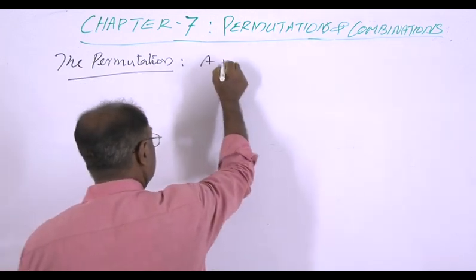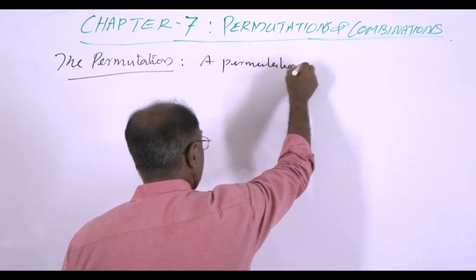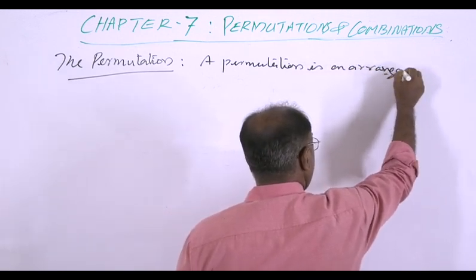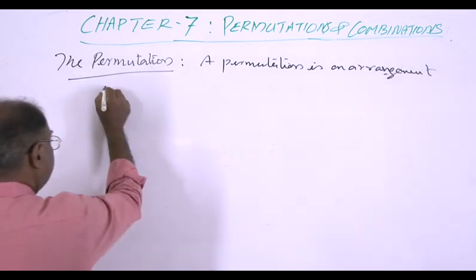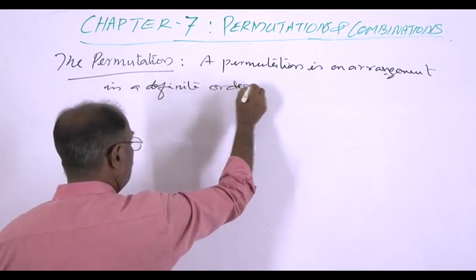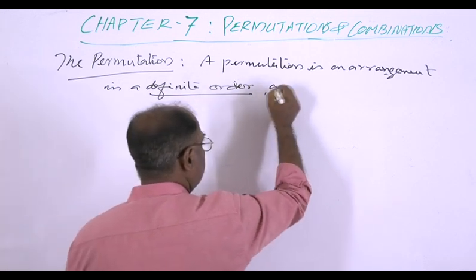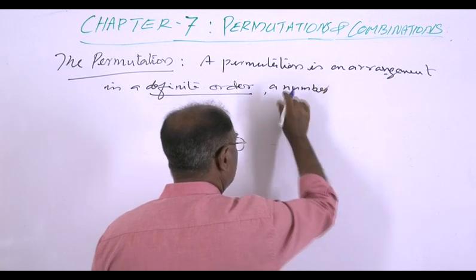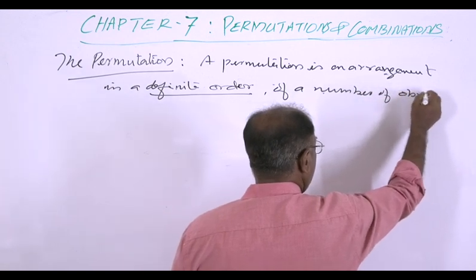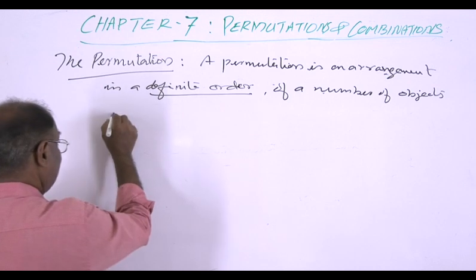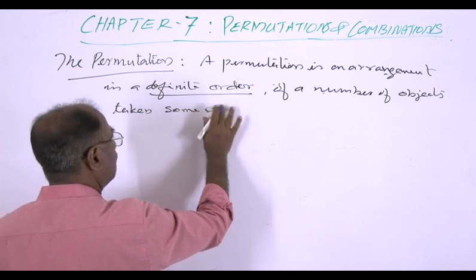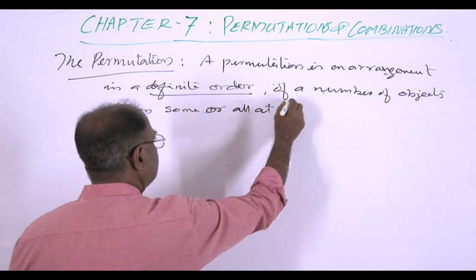So, a permutation is an arrangement in a definite order of a number of objects taken some or all at a time.